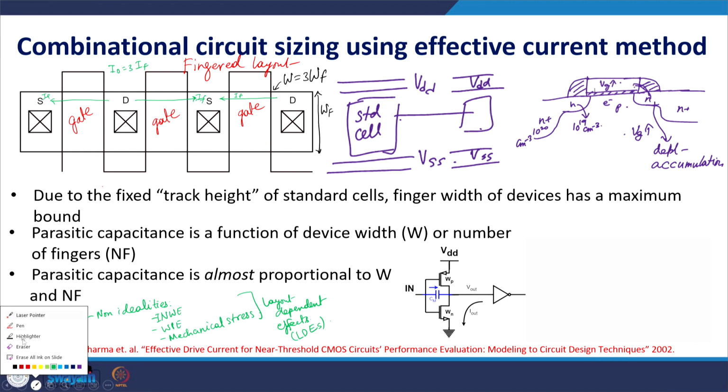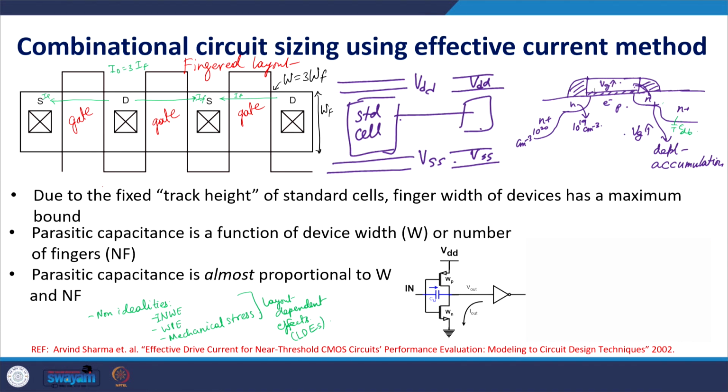And what about capacitance? If you imagine this in this way, you find that there is an area capacitance associated with the source and drain to body. Suppose this is drain, and this is CDB, drain to body.